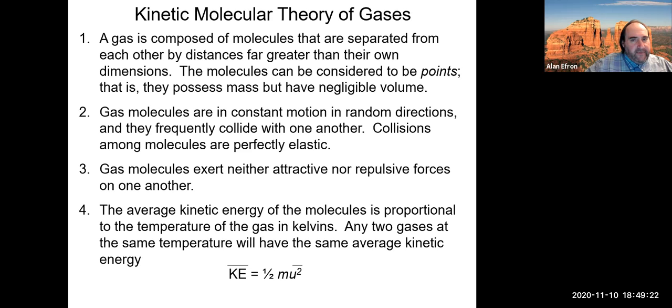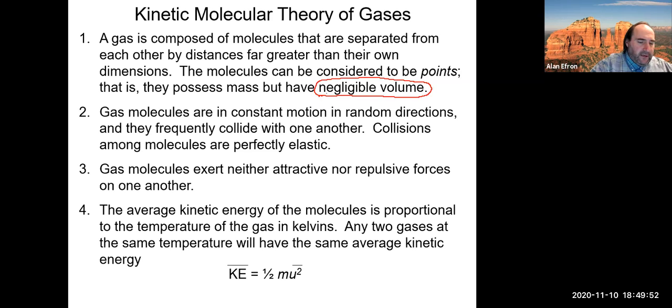So they're thought of as being points. They do possess a mass, but they really don't possess a volume. So under normal conditions, the volume of the gas itself is relatively small in comparison to the volume of the container it's in. So we think of the volume as being negligible or zero in that particular case.